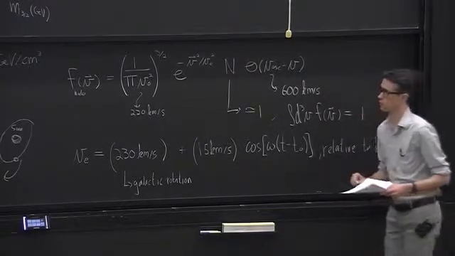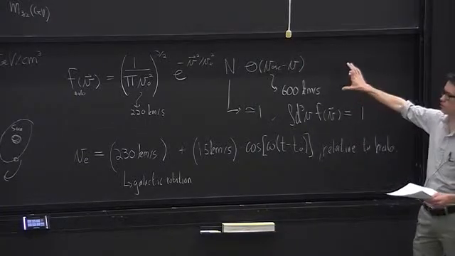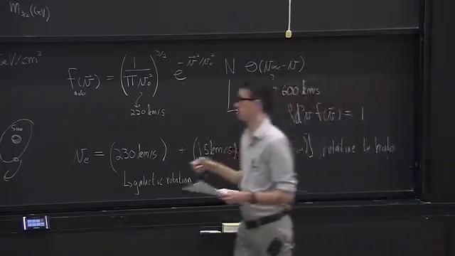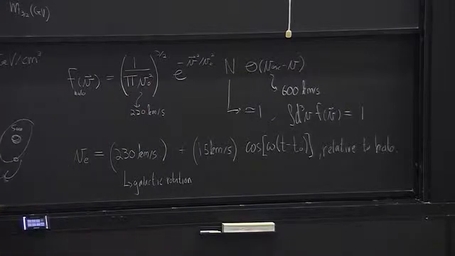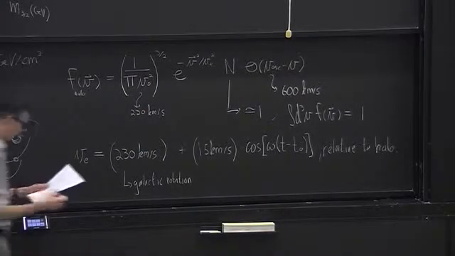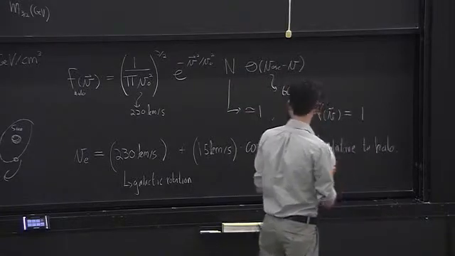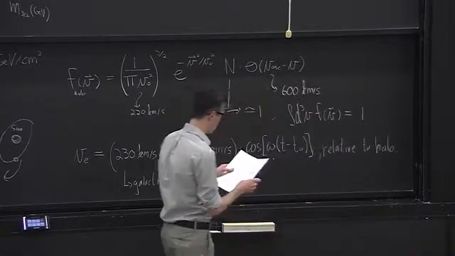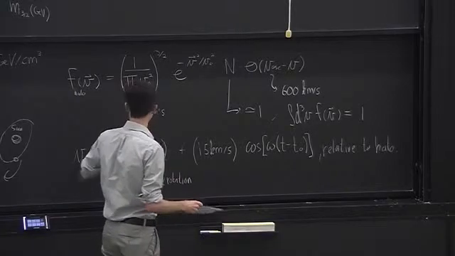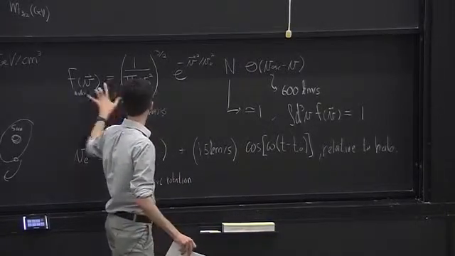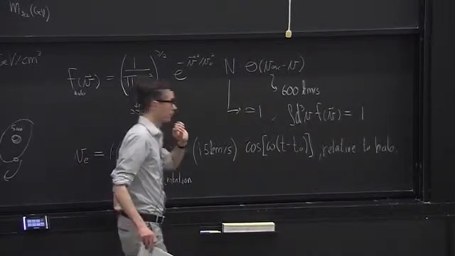And we need to convert our halo frame dark matter distribution into a distribution of velocities in our lab frame. And this is a straightforward thing to do, it's just a matter of shifting the velocity to the Earth velocity.